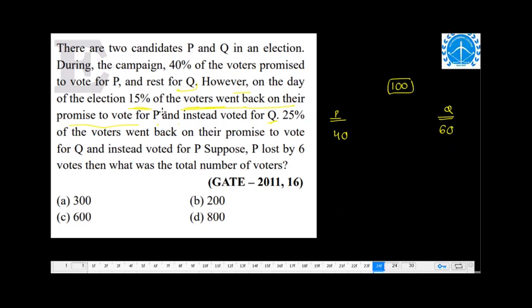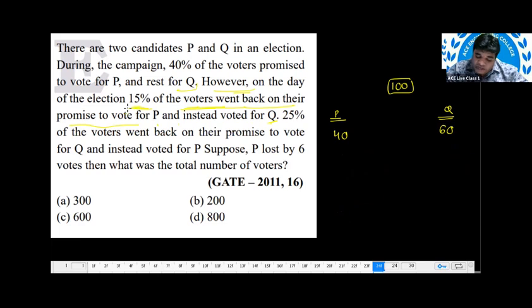However, on the day of election, 15% of the voters went back on their promise to vote for P and instead voted for Q. 25% of the voters went back on their promise to vote for Q and instead voted for P. Right answer.